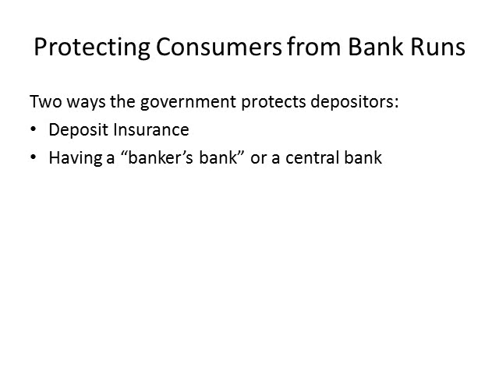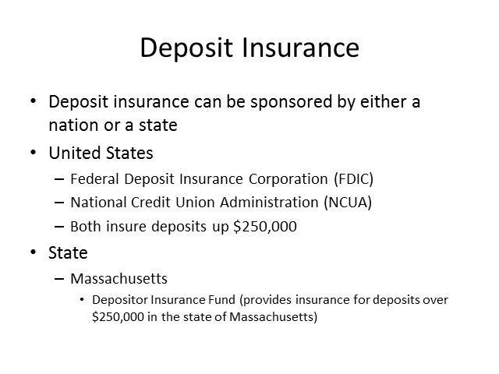So the government can intervene. The government can intervene in two ways to protect depositors. First, through something called deposit insurance, where the bank buys insurance from the government and the government insures the depositor. Second, having a banker's bank or a central bank run by the government to provide money to banks as they need it. First, let's look at deposit insurance.